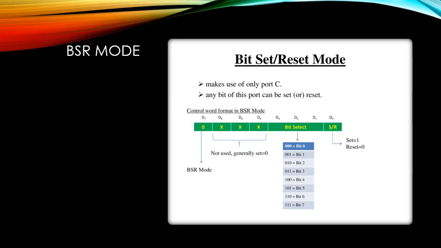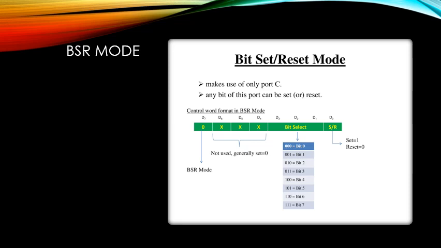Let us discuss BSR mode, bit set reset mode. D7 is 0. Next, D4, D5, D6 are not used, generally 0. D1, D2, D3 are bit selection: 000 means bit 0, 001 means bit 1, likewise 111 means bit 7. D0, the LSB, is the set or reset mode.